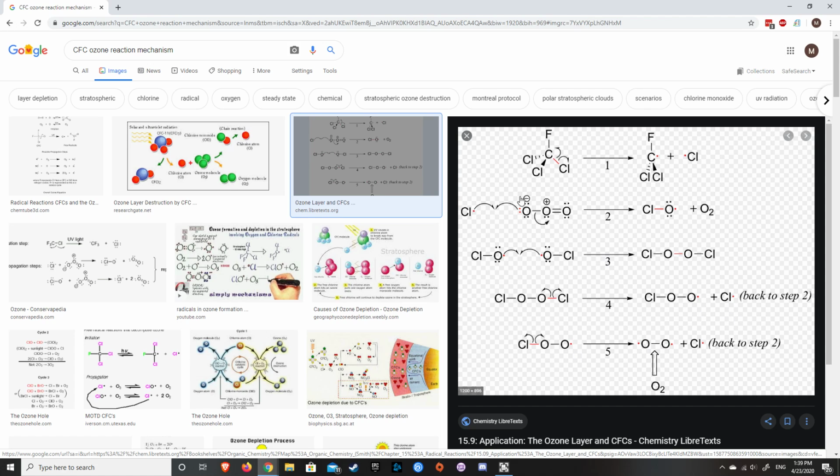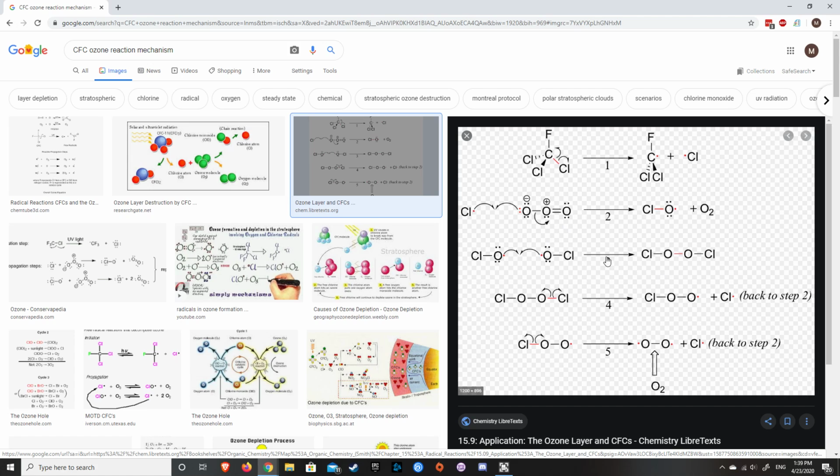We don't need to know this entire cycle, but the important thing that we have to know is that chlorine is regenerated, right? Chlorine gets fed back in, so if we increase this concentration, we're going to have a lot of chlorine in the atmosphere decomposing all of the ozone. And when we decompose all of the ozone, we're not going to be blocking out all of those harmful UV rays that ozone absorbs.